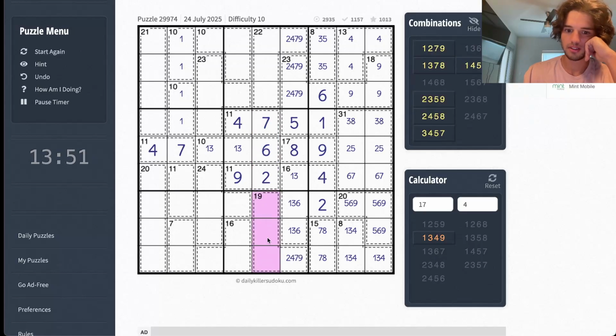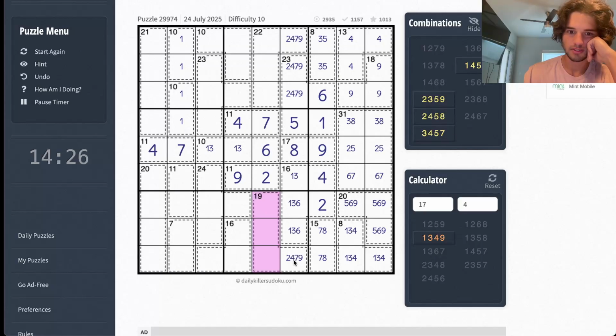I feel like we should take a look at these boxes. So we already know it doesn't have a 6 here. Couldn't have both 1 and 3. Can't have both 2 and 7. 2, 4, 5, 8. 4, 5, 8. 4, 1, 5, 9. 2, 3, 5, 9, and 4, 7.